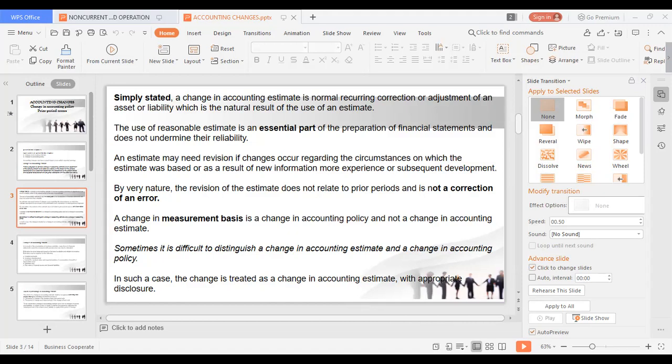So we have the depreciation expense and the accumulated depreciation good for 50%. So based on 6 million, the depreciation for 2019 is 3 million. So the carrying amount on January 1, 2020 is only 3 million.